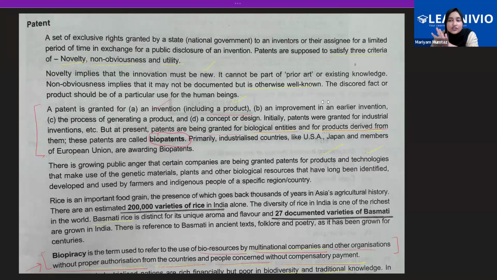For more than 10 seconds it's not allowed because they'll get a copyright claim. They'll get fined or their videos will be taken down, because that is a right reserved for the original inventor of that particular thing.